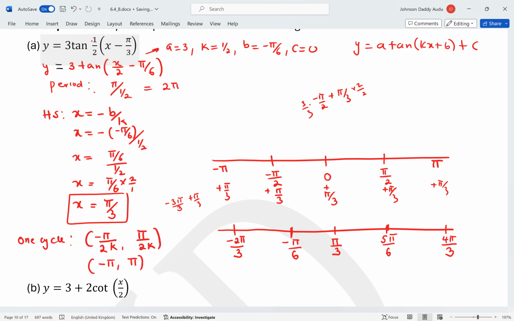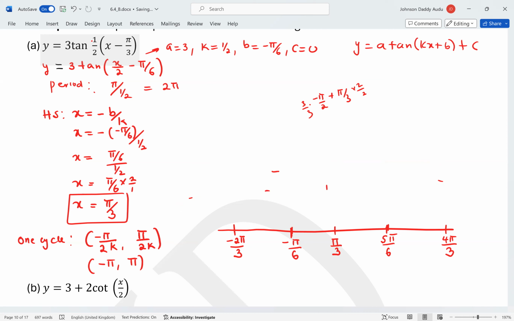So we work with this interval here, and I can remove it. Okay. So this is the interval we're going to work with here.